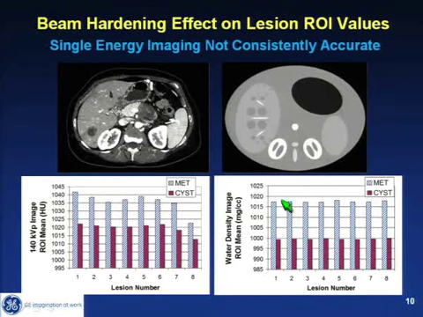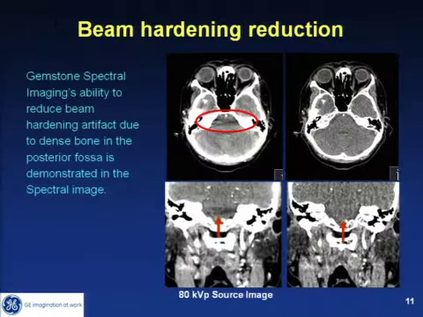However, with the monochromatic image generation process, because the processing is done in projection space, you eventually remove the beam hardening effect. Therefore, your reconstructed values are very stable, independent of the location and its surrounding materials.